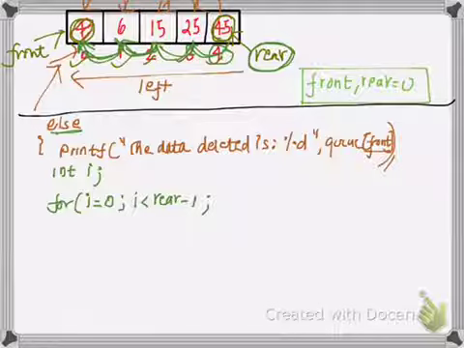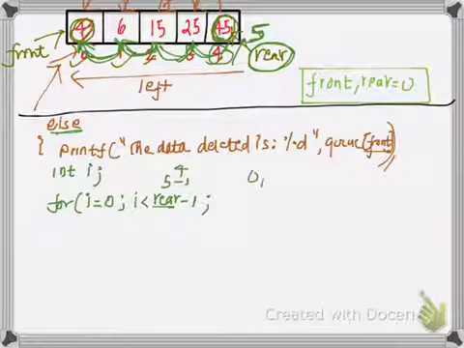It is because, as I have told you earlier, after inserting this last data, which is 45, rear will be pointing to memory location 5. So our rear is equal to 5. So 5 minus 1 is 4. And our loop runs from 0, 1, 2, 3. i less than 4 means from i equals 0 to i equals 3.